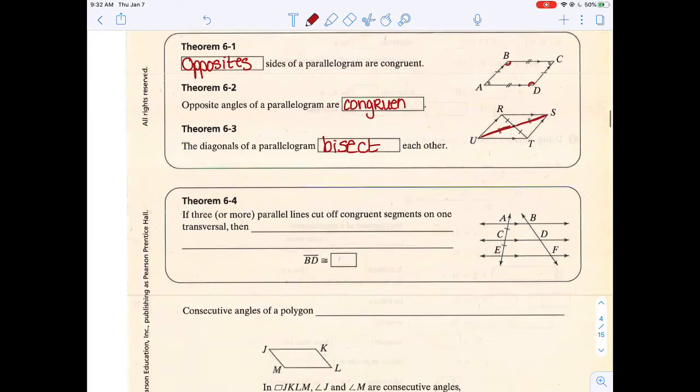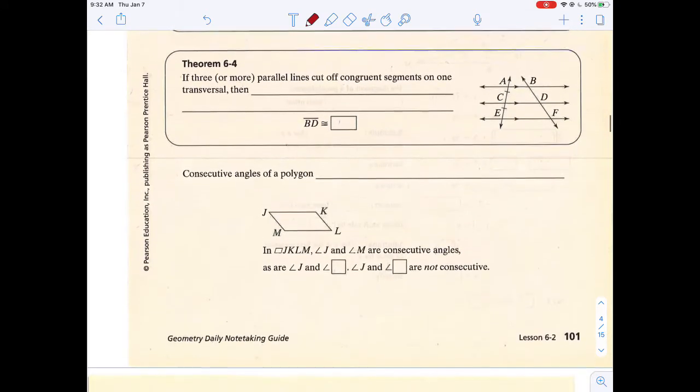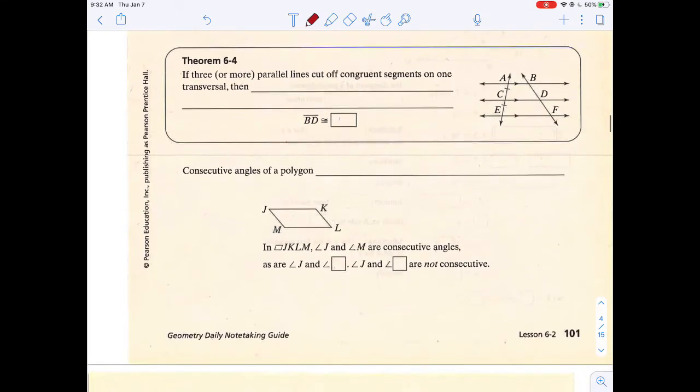Okay, then we've got theorem 6.4, which says if three or more parallel lines cut off congruent segments of one transversal, then they cut off congruent segments on every transversal.